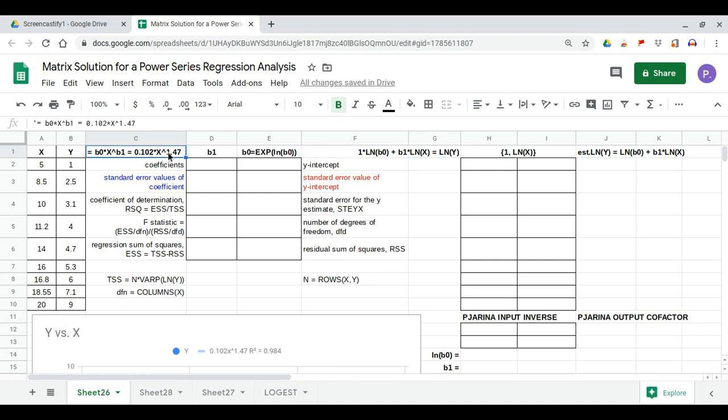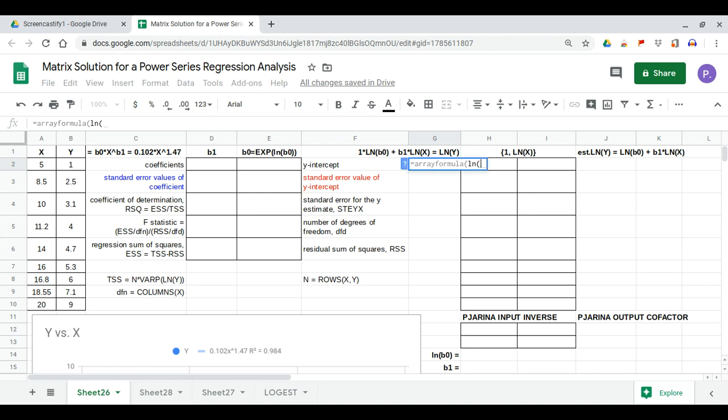So this is now converted to its logarithmic form: ln y equals ln b0 plus b1 ln x.